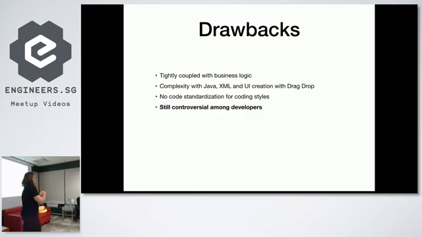So, coming to the drawbacks. I said that we need a new toolkit, but I don't think this is the right one to go with. There are many controversies, because when you move from XML to Java and Kotlin code, people have been working here for 10 years. People have been working in Android for over a decade. So you're too comfortable, you don't want to move, right?